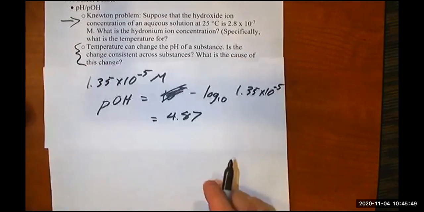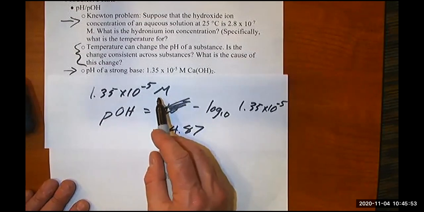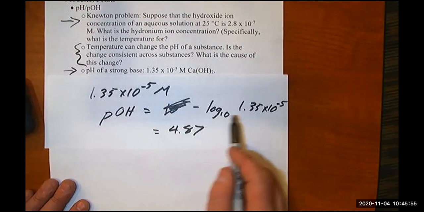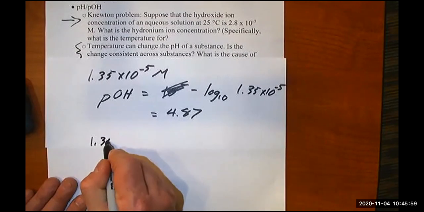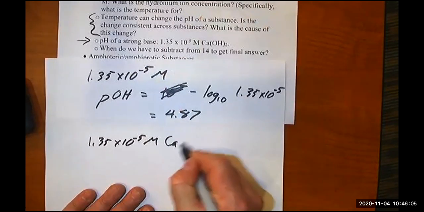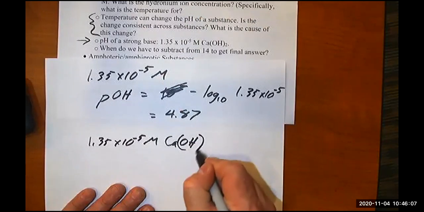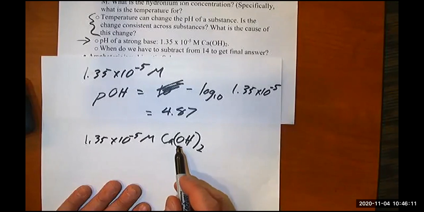The problem with this is that we didn't identify what species this is the concentration for. What we actually have is 1.35 times 10 to the minus 5 molar of Ca(OH)2. And what we need is the concentration of OH minus.